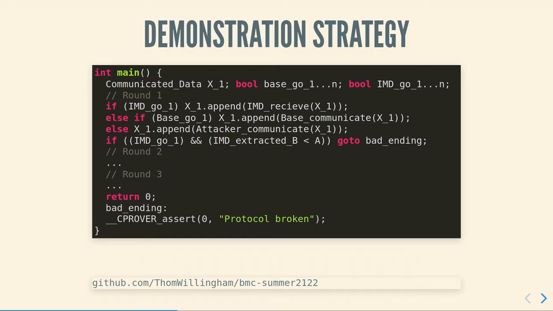each of these turns happens based upon the Boolean values of who gets to go when. And if at any point it is the implanted medical device's turn to go and do processing, and the message counter that is extracted by the IMD is less than its own internal message counter, that is, the attacker must have intervened to put the messages between the base station and the implanted medical device either out of order or violated it completely, then we go to bad error, bad ending, whereby there's a cprove assert flag that the protocol is broken, right?